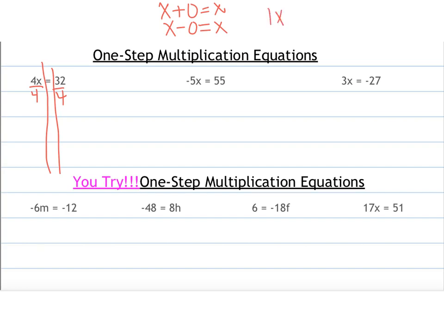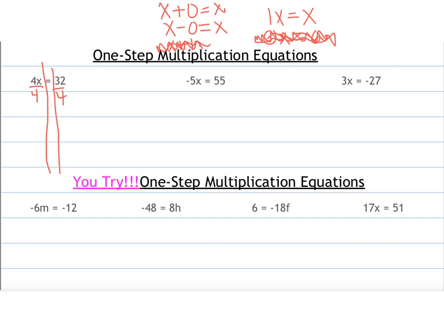So we need a 1 in front of it in order to get x alone. If we have a 0, 0x is going to get us to 0, and that doesn't get us to x. So that's why we want to divide by itself to get to 1. Just like here, we don't want x plus 1 because then we don't have x alone. So it depends on what the operation is, if we need to get to 0 or 1.